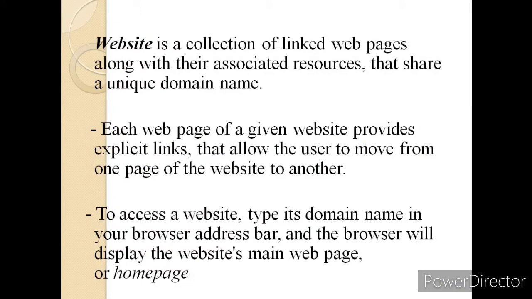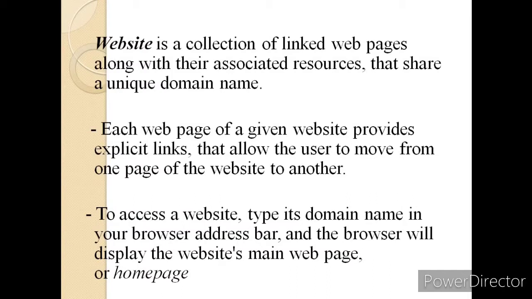Next, we will see a website. What is a website? A website is a collection of linked web pages along with their associated resources that shares a unique domain name. A website is a collection of many web pages along with their associated resources, meaning related videos, images, and it has a unique domain name.